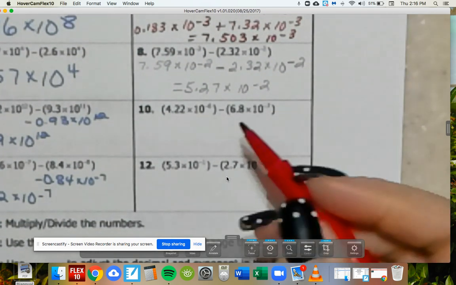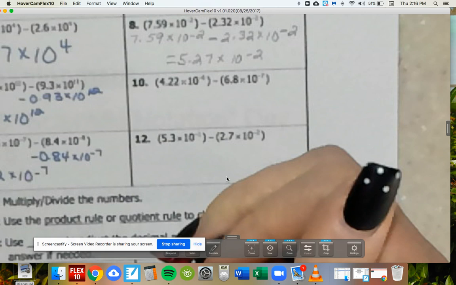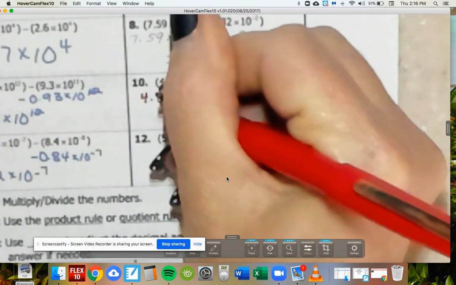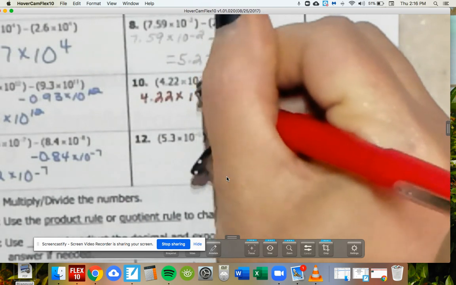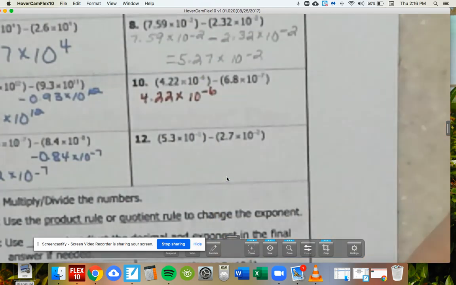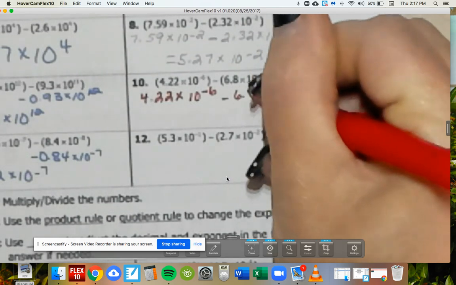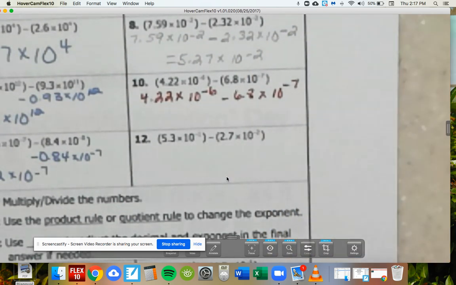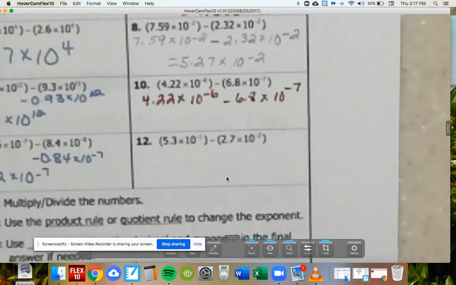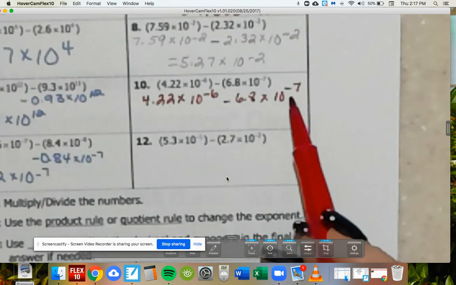Okay, guys, two more. We have 4.22 times 10 to the negative 6. Subtract from that 6.8 times 10 to the negative 7. Boo, they don't match. A negative 6 and a negative 7, which one's larger?